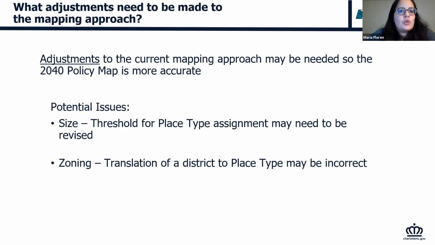It might also be that the existing entitlements weren't translated properly, and there also might be some potential zoning errors that you identify. If you catch any of those, we can document those and review so that we can make the appropriate revisions.